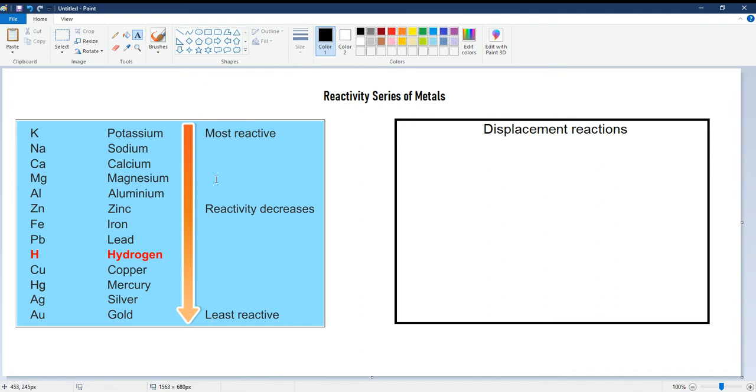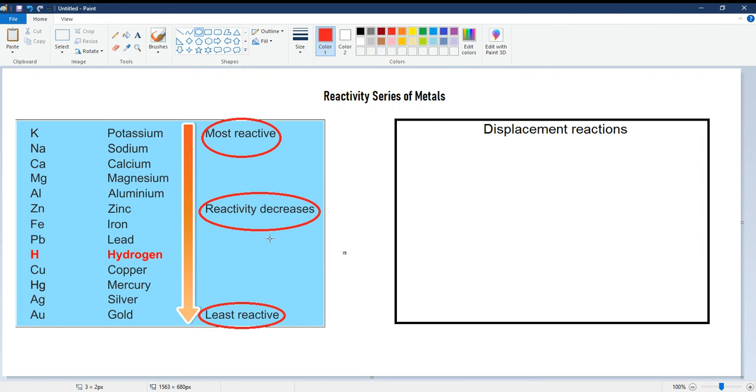As you can see, the arrow is written as most reactive, reactivity decreases, and least reactive.